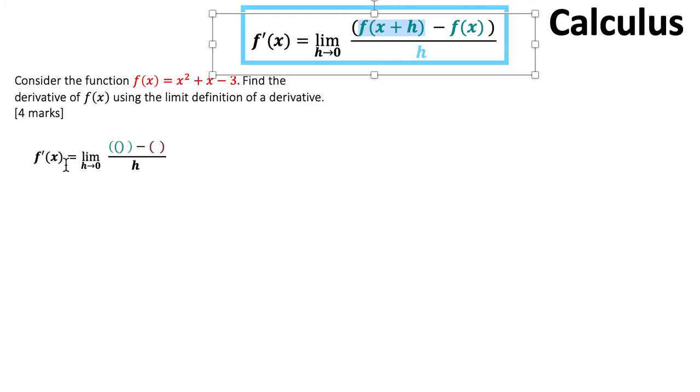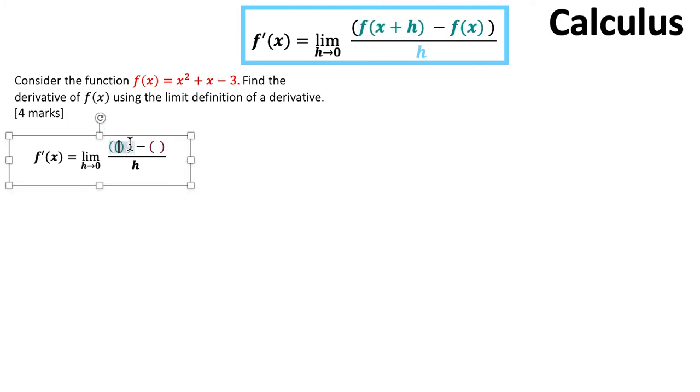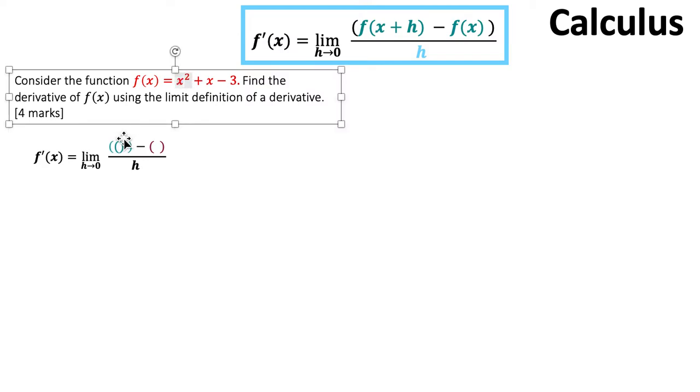Here, I'm going to be organizing how this equation goes with our specific function. First we're going to do f of x plus h. I'm going to do it in this color so that we don't get too confused. So our equation is x squared, but now our x turns into x plus h.